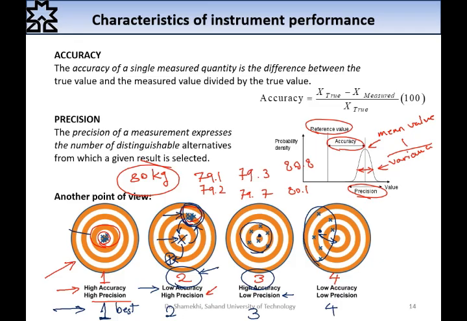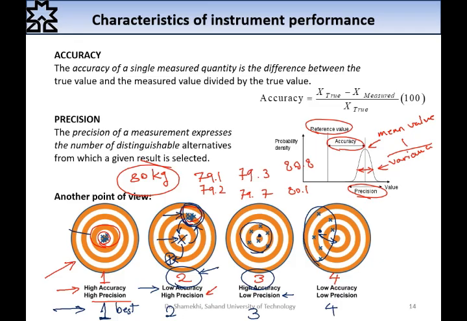High accuracy means that the mean value of the position of the results is close to the reference center of the target. And also, high precision means that the results are not scattered on the target, they are close together.